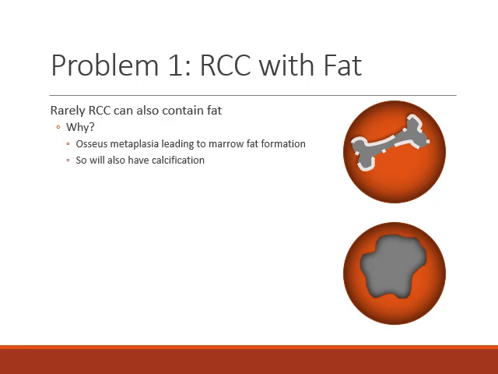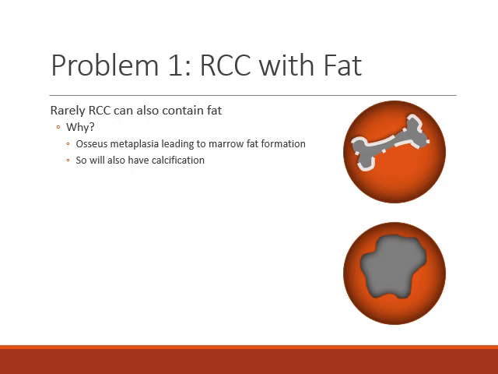Within an RCC, you can get bone formation or osseous metaplasia. This leads to marrow fat formation as part of the bone making process. So it figures that an RCC containing fat, because it's making bone, is also going to contain calcium.